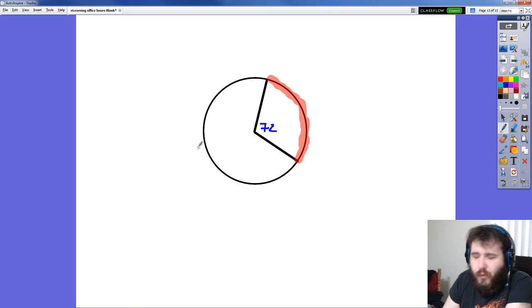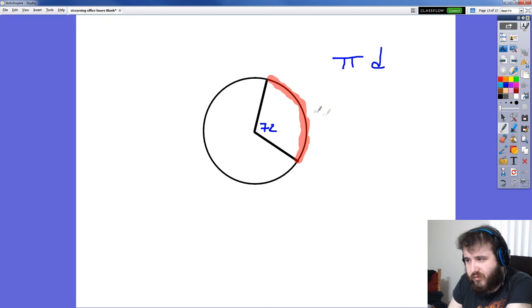So the way to think about this is that we know how to find the whole circumference of the circle. We know that pi d is the circumference of the circle. This is 72 degrees, and we need to have a radius here. Let's call this radius 3 inches.